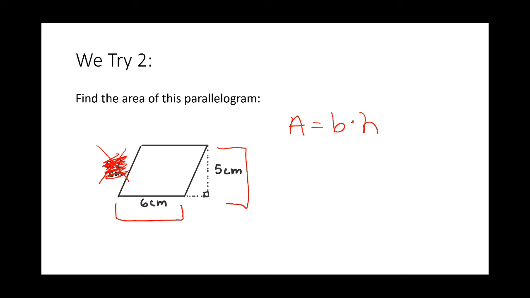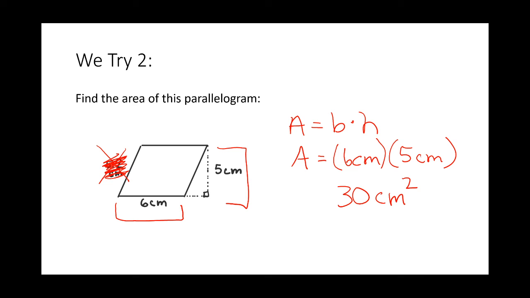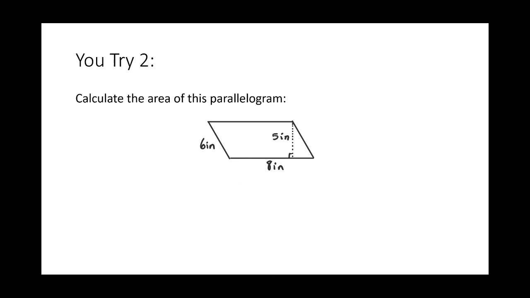So the area of this parallelogram, I'll call A. The base is 6 centimeters times the height, which is 5 centimeters. 6 times 5 is 30. Centimeters times centimeters are centimeters squared. So the area is 30 centimeters squared. Go ahead and pause the video and try this one out on your own.